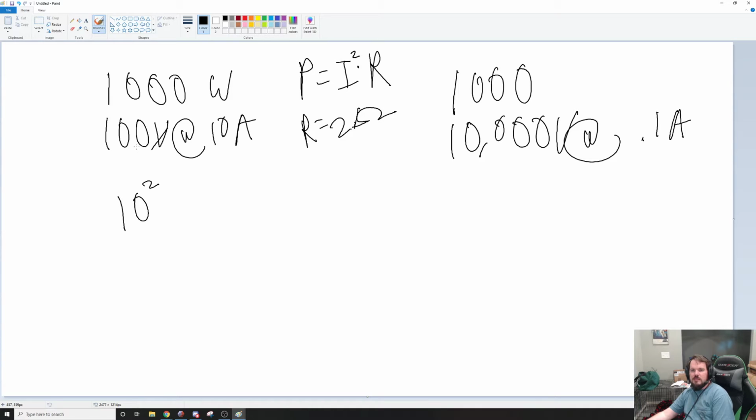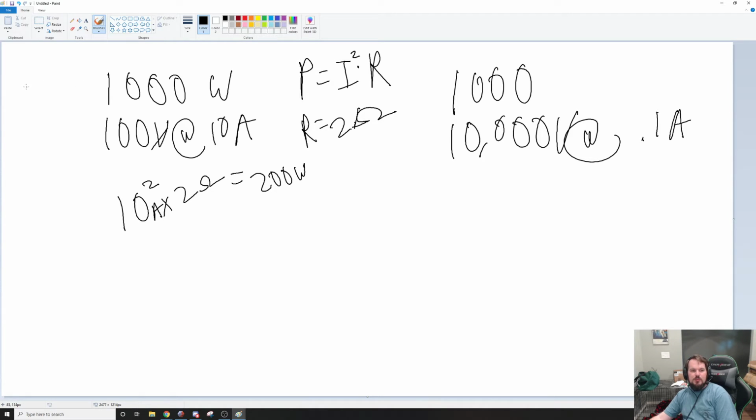We're doing whatever it takes to get the 100 volts to the load. So 10 squared times 2, that's amps and ohms. 10 squared is 100, times 2, that would be 200 watts lost in the wire.